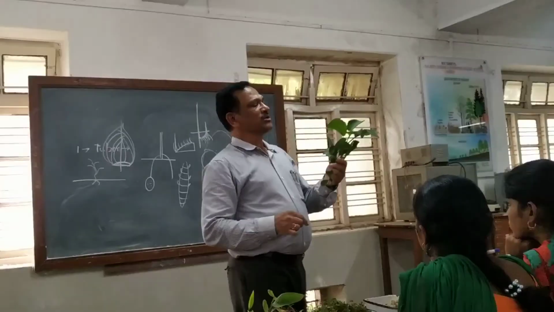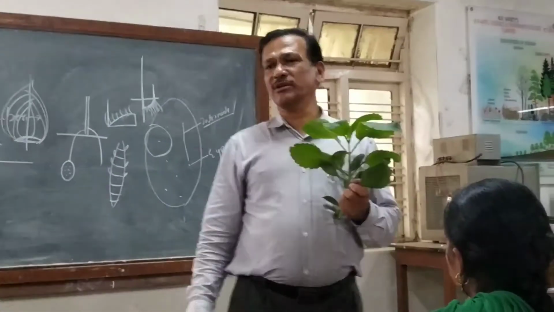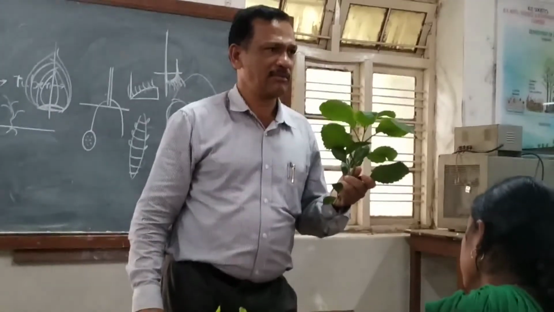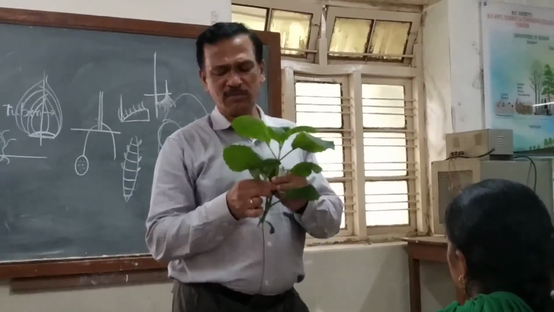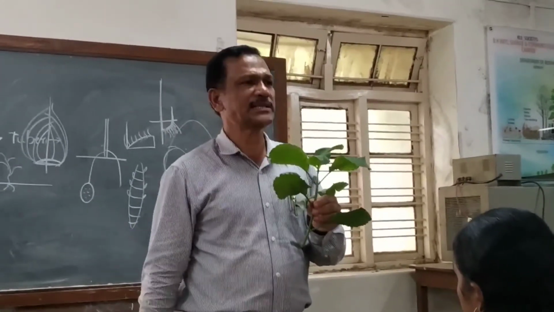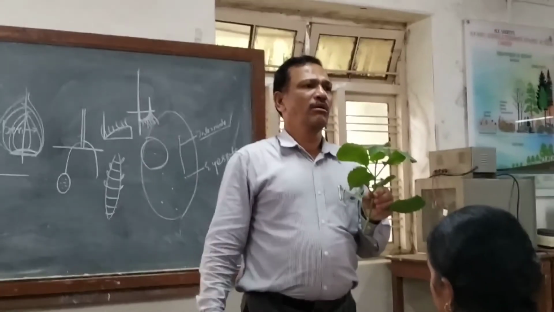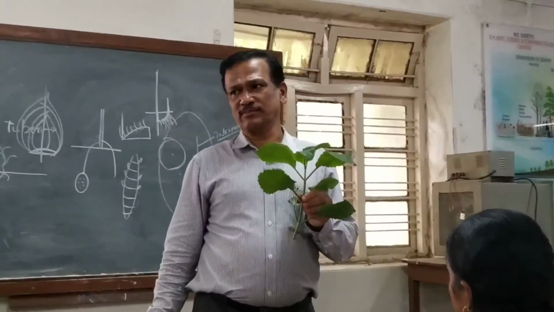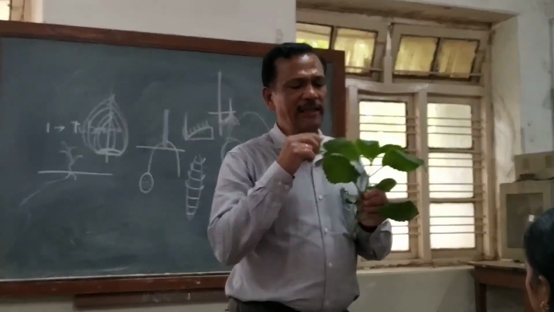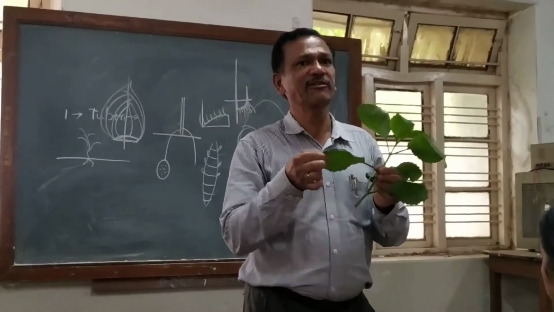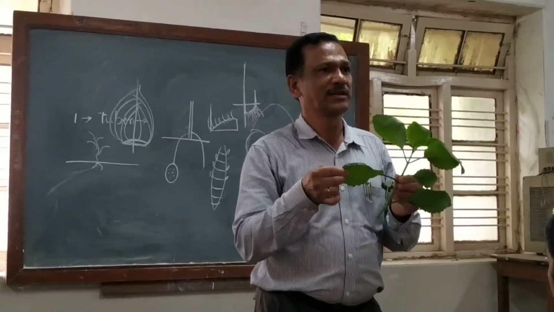And now come to the last method of vegetative propagation, that is aerial method of vegetative propagation, that is observed usually in this plant, bryophyllum, where the leaf acts as the vegetatively propagating structure.